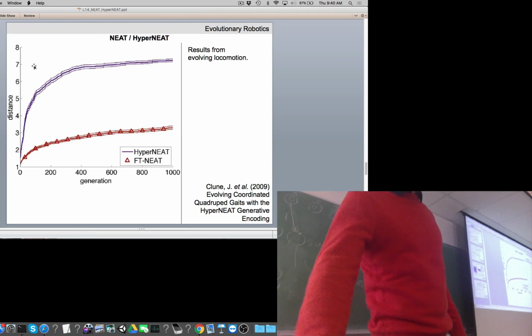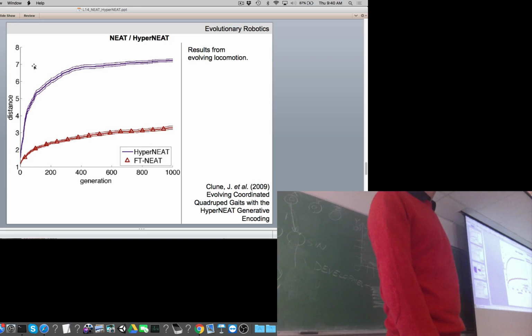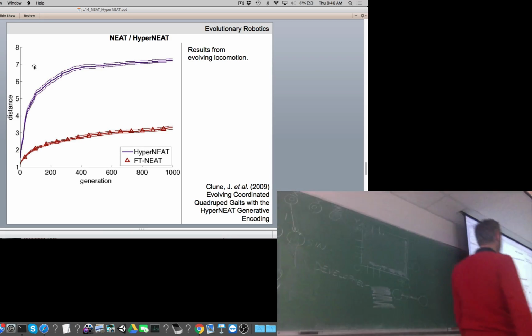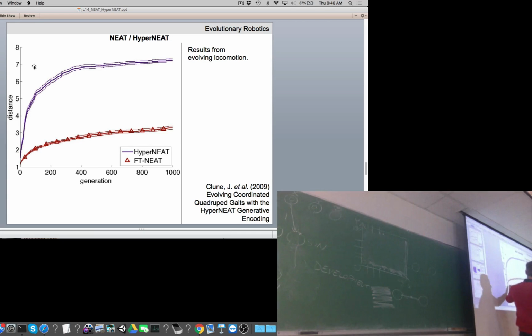Okay. Thankfully, HyperNEAT definitely does useful work for us. So they did multiple evolutionary runs. For every evolutionary run, they let it run for 1,000 generations, and they then looked at how far the robots traveled in the physics engine over evolutionary time.